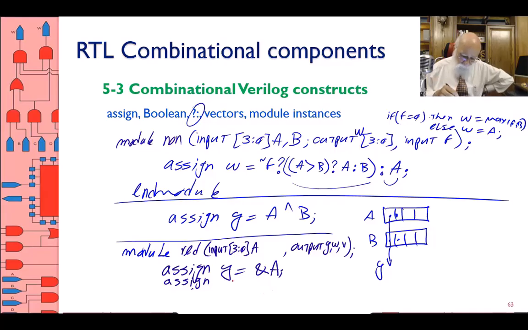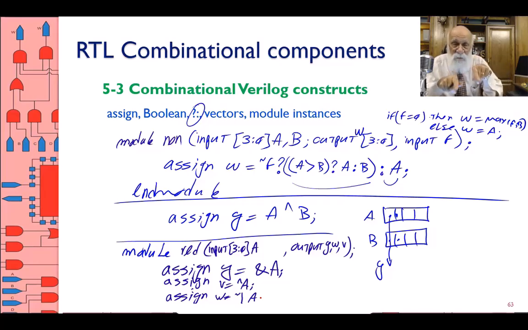V becomes 1 when the number of ones in A is odd. Assign W is NOR reduction of A. So you learned reduction, you learned Boolean expressions, you learned condition expressions, and I'll show you adding in a few minutes.